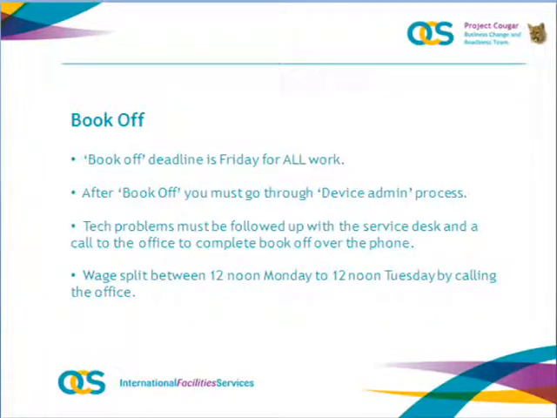As team leader, it is your responsibility to check your device every week after book off, ensuring all updates have left your device. Any tech problems must be followed up with the service desk, and after this you must call the office to complete book off over the phone. Wage split must be arranged between the hours of 12 noon on Monday and 12 noon on Tuesday by calling the office.